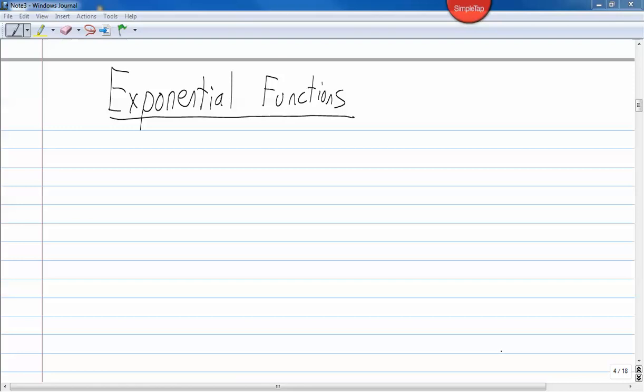Alright, so one of the last things that we covered last class period, we were going over inverses. I told you that the natural log of e to the x was equal to x, and e to the natural log of x is equal to x.